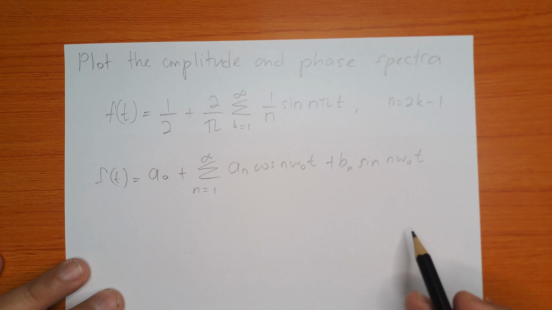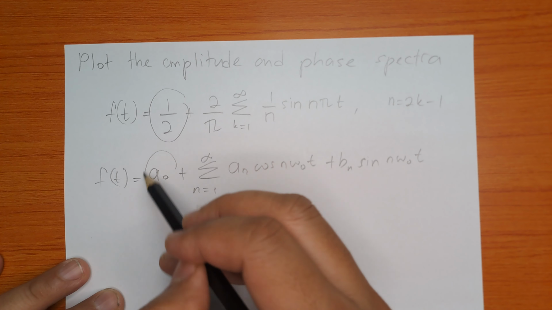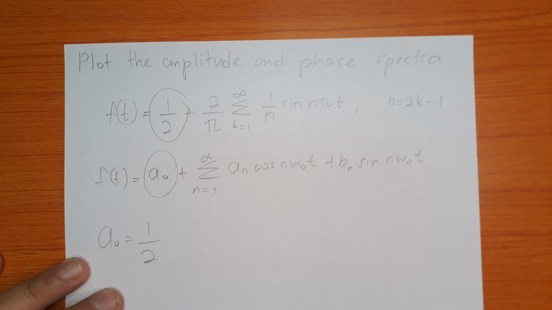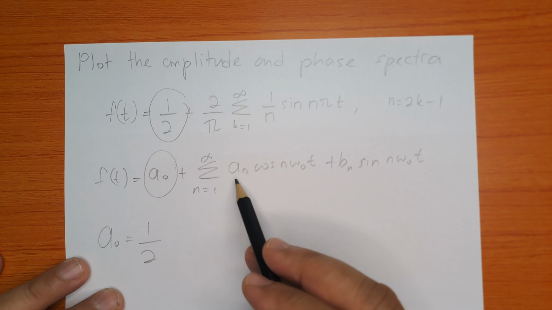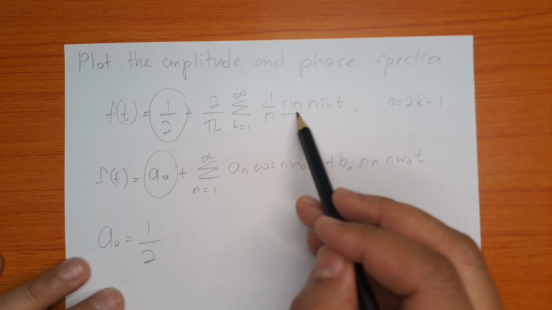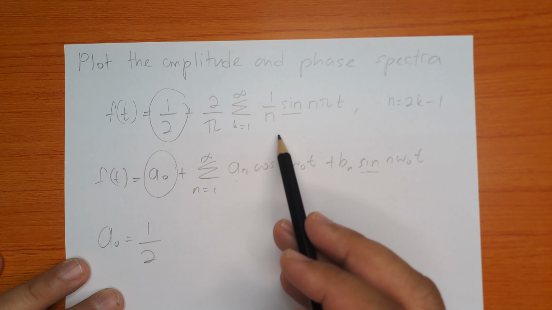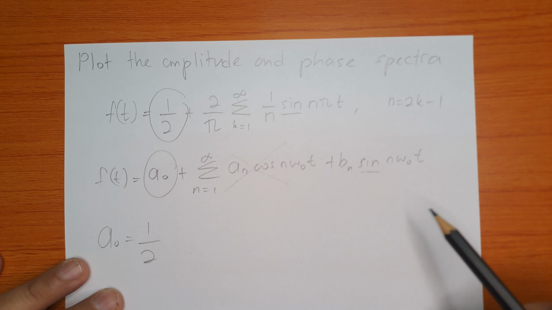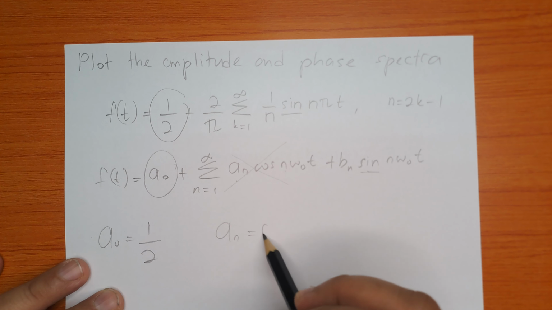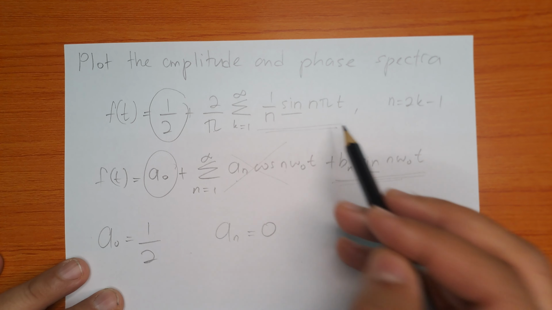Now clearly from this equation we know that a naught is 1 over 2. Now what about an and bn? Here we know that this is a sine function, so there is no cos function here, so an is basically 0, and we only have this function.